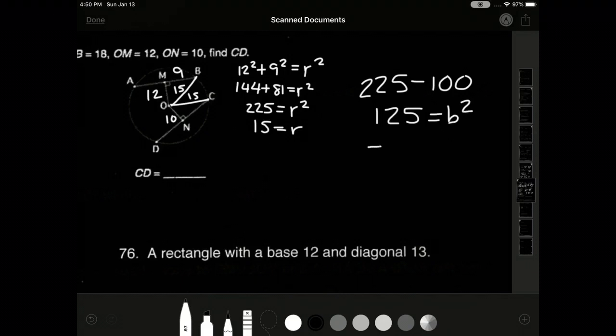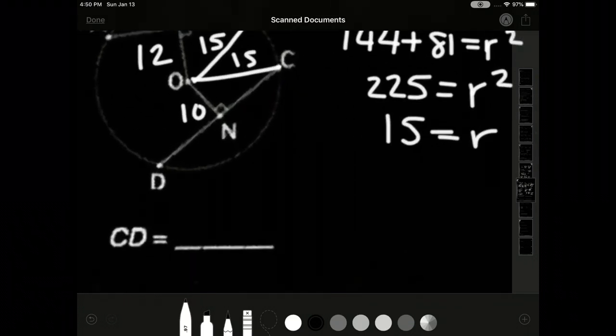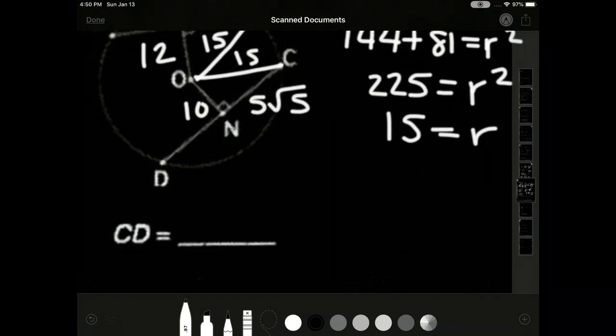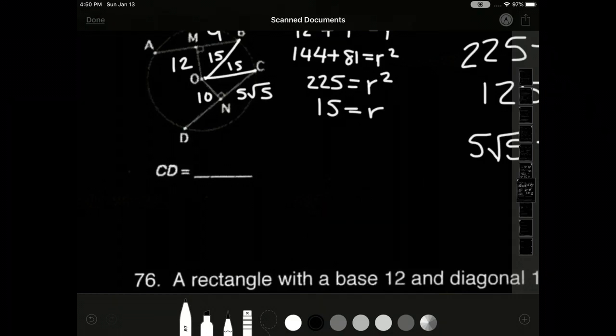And when we take the square root of that, that simplifies to 5 square root 5. Now, that is only half of our CD that we need to find. So this is 5 square root 5. So if NC is 5 square root 5, DN should be the same. And when we add them together, we get 10 square root 5.